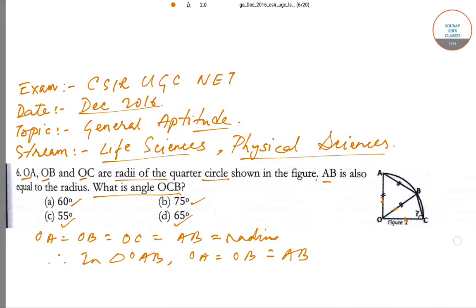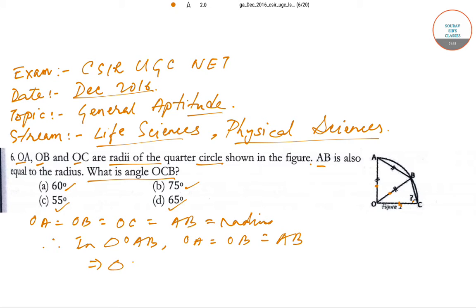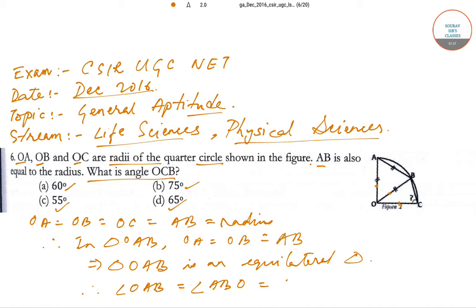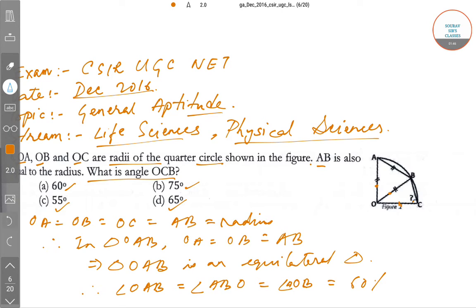And if three sides of a triangle are equal, that implies that triangle OAB is an equilateral triangle. So if it is an equilateral triangle, that implies that angle OAB is equal to angle ABO and that is equal to angle AOB, and all these angles are equal to 60 degree.